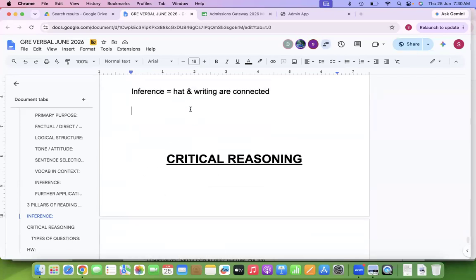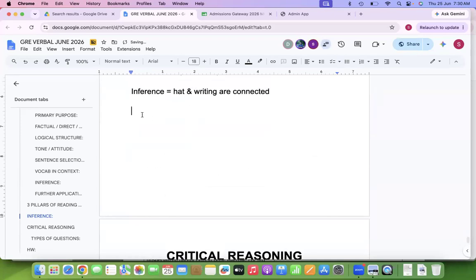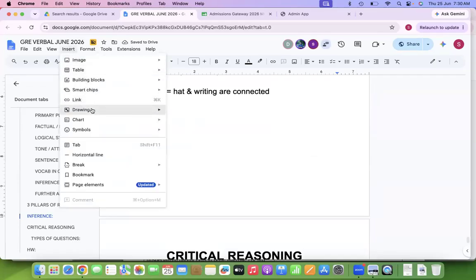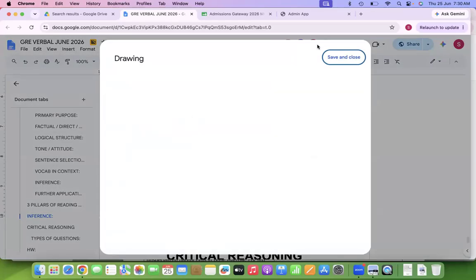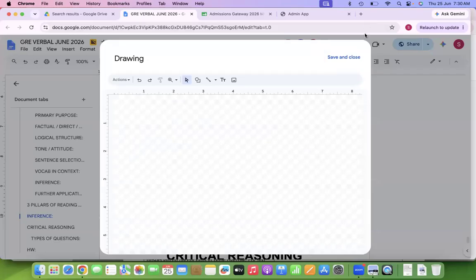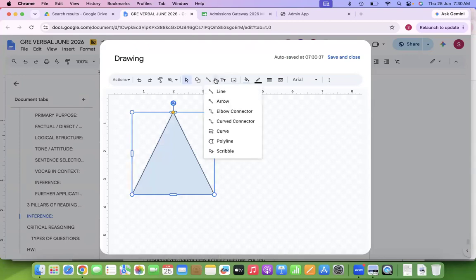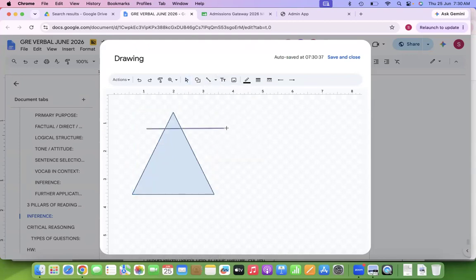Now, let's look at the same thing visually. This is an iceberg model.